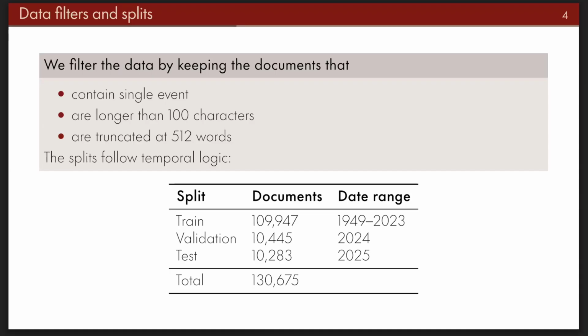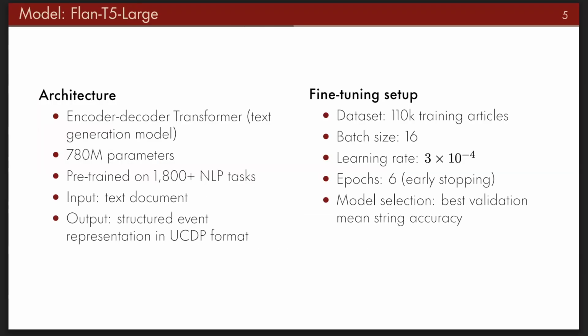Our splits follow a temporal logic. This is important because when we train the model and test it on the test set, we try to test if the model can genuinely generalize to unseen future events rather than those events that it has encountered during training.